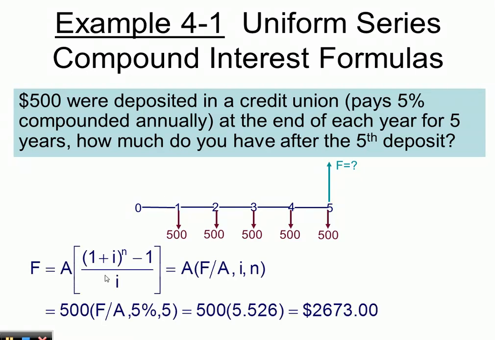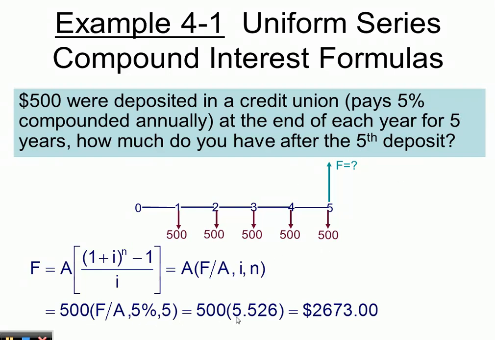Now using the formulas, the future sum of money is the uniform series amount multiplied by the factor F given A at i over n. Plug in i, which is 5%. Here, annually, each period is a year, so 5% is exactly what we use. And then we have 5 years, so 5 for the n.